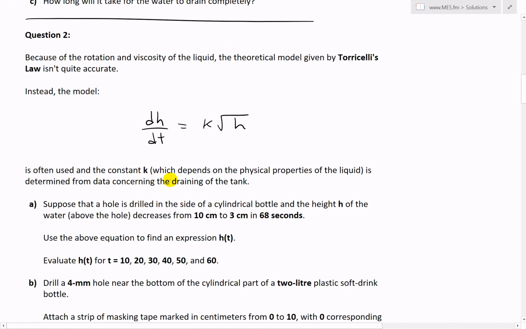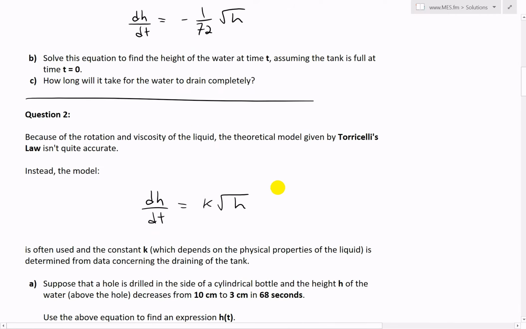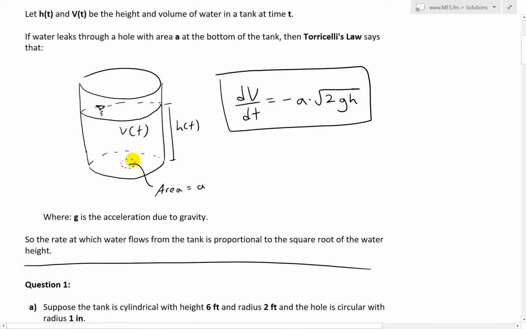This model is used more often than the theoretical model, and the constant k depends on the physical properties of the liquid. It's used more often because this k is just determined from data concerning the draining of the tank. So you're actually using physical or experimental data as opposed to just using the theory of the area times the gravity.